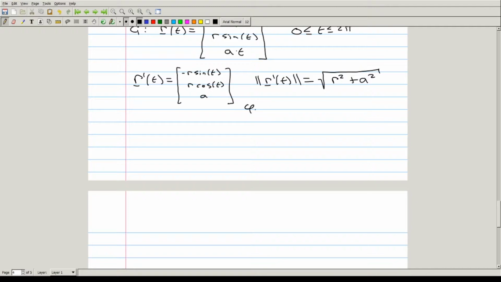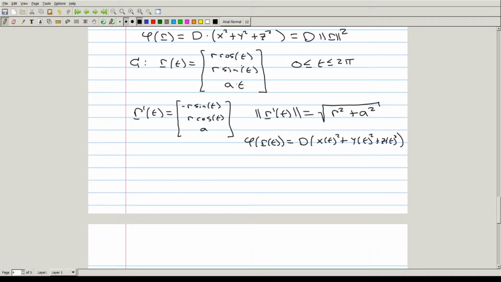Phi of r of t is d times x of t squared plus y of t squared plus z of t squared, which when we plug in x of t, y of t, and z of t, I'm hoping you can see is exactly r squared cosine squared plus r squared sine squared plus a squared t squared. So phi of r of t is just d times r squared plus a squared t squared when we simplify this.